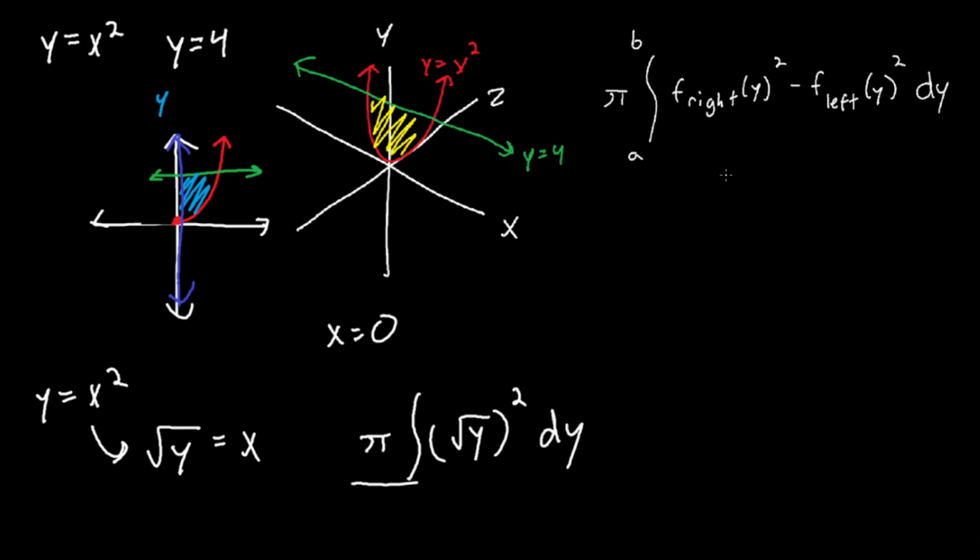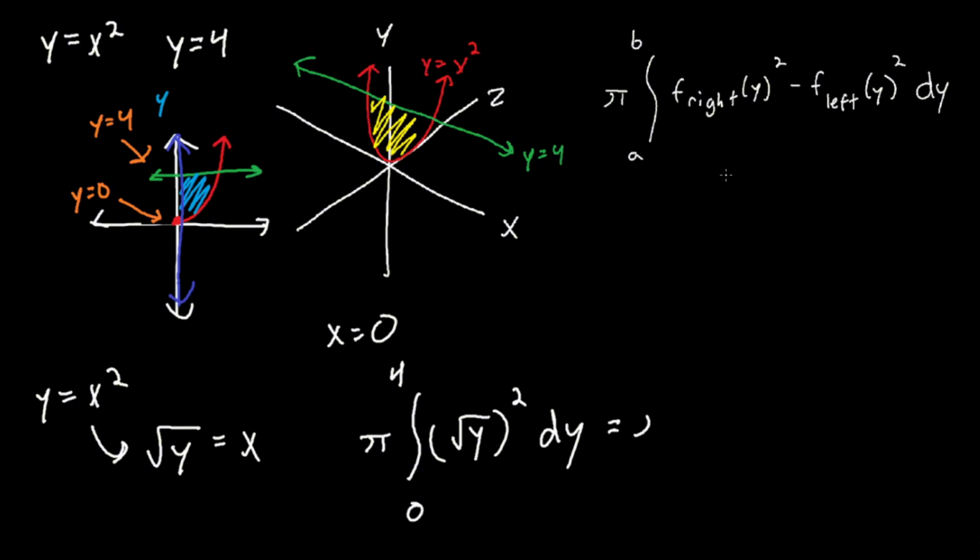Therefore, your integral looks like this. What are the bounds of the integral? Since the bounds are now with respect to y, you need to write down the y values that bound your region. Here is the first y boundary at the origin, where y is equal to 0, and the upper boundary is y equal to 4, given in this problem. So the bounds of this integral are simply 0 and 4.